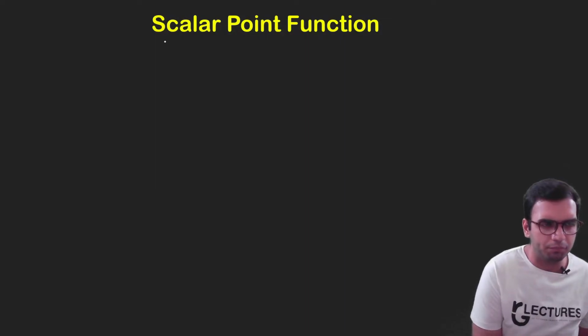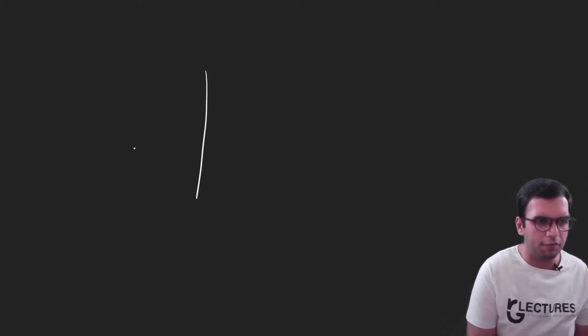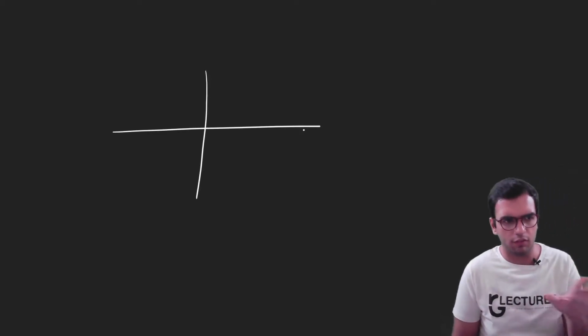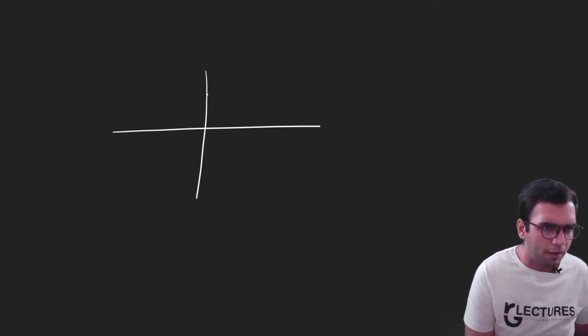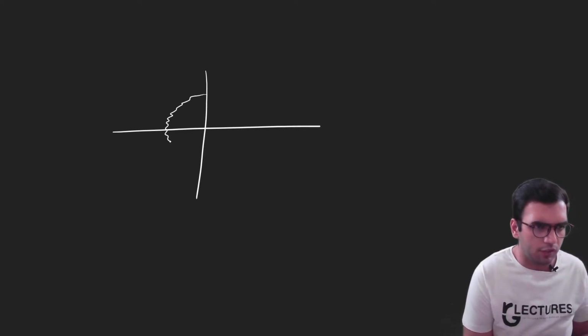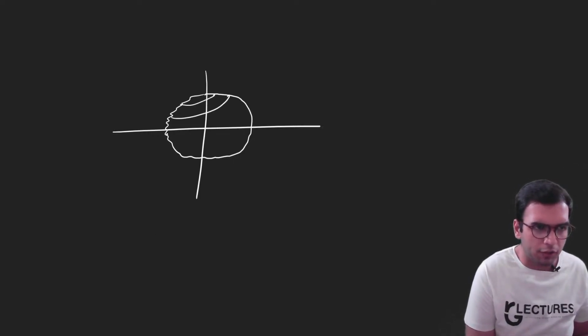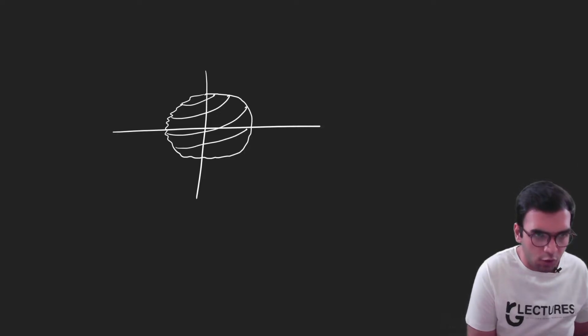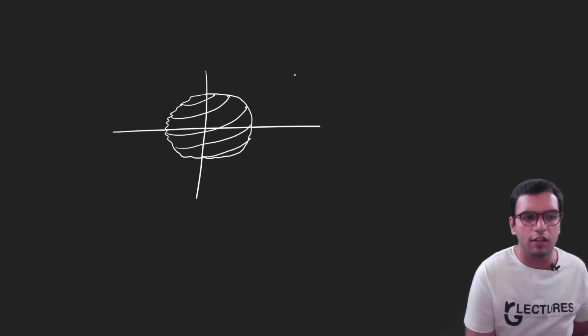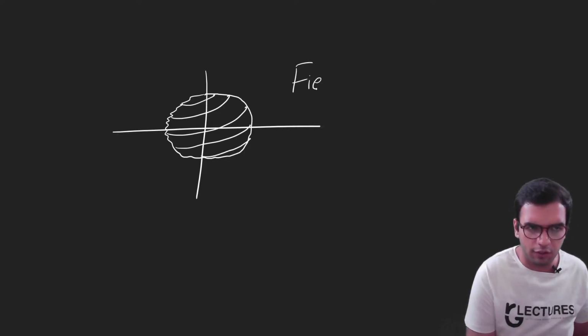For example, now let us define scalar point function. If I have a graph in this section, this is the x and y axis, and my function is in this way. The region occupied by my function is referred to as the field.